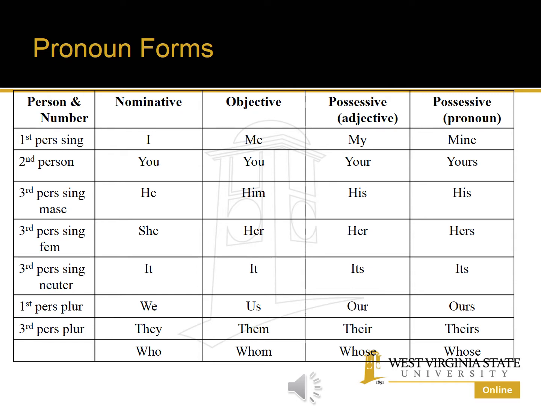And then we also have who, whom, whose, and then whoever, whomever, whosever. So those are the forms of pronouns declined in the English language across the three cases.